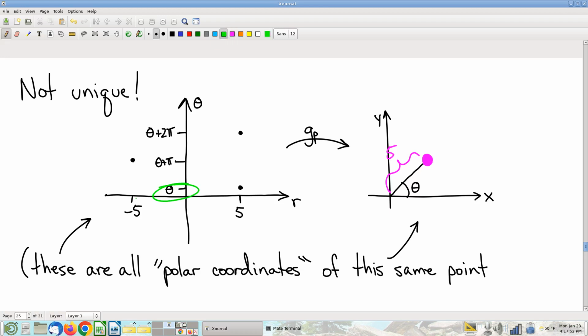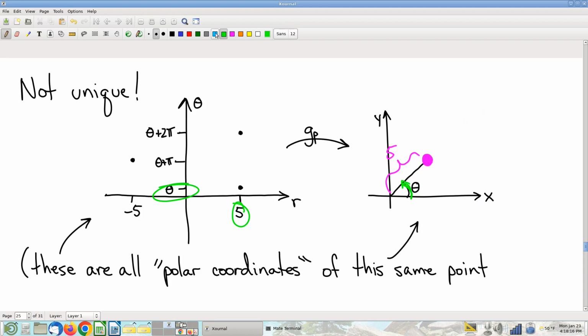Whatever the angle is, let r equal 5. You can think of this as the polar coordinates for that point, because the angle theta defines that direction, and then you go a distance 5 in that direction. That gets you the point, a distance 5 from the origin, and boom. Fine, no problem. Why are we worried about this?